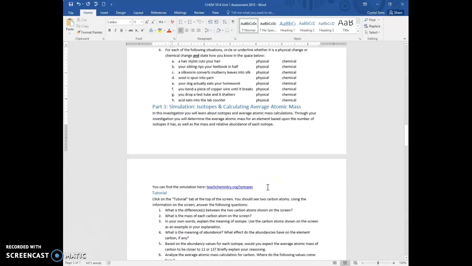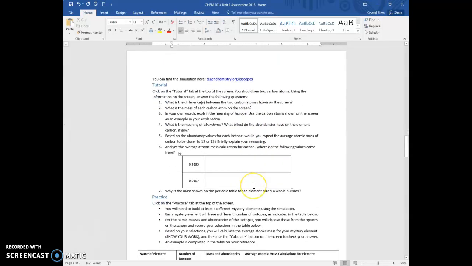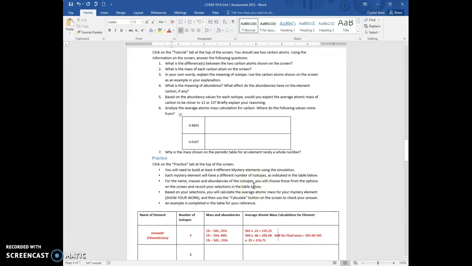In part 3, you have a simulation on isotopes. So this is kind of piggybacking off what you did with the Beanium exercise. And so you have a few questions that you need to answer here, and then you're going to go through the simulation and create some of your own elements.